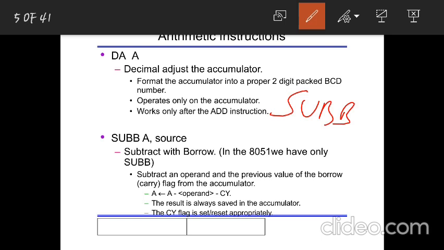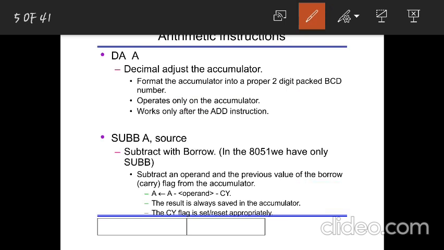Whenever you have a borrow at the D7th bit, you will take that carry from the PSW register. It subtracts an operand and the previous value of the borrow, that means carry flag, from the accumulator. The result is always saved in the accumulator, and the carry flag is set. It also affects the parity flag.